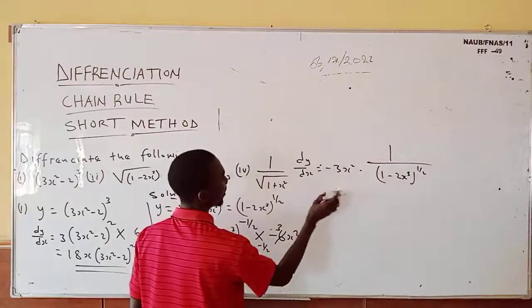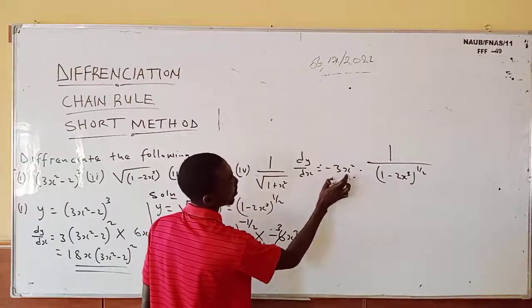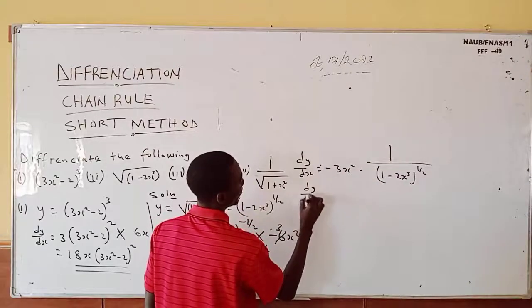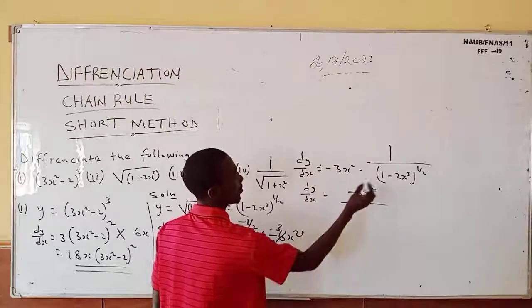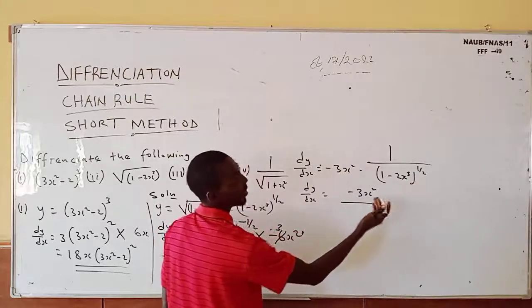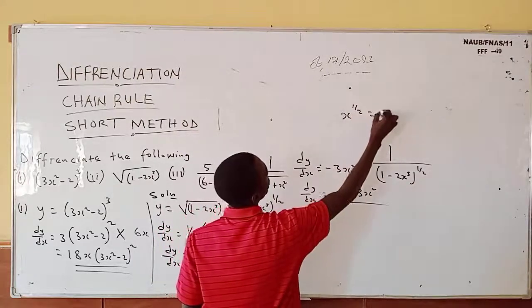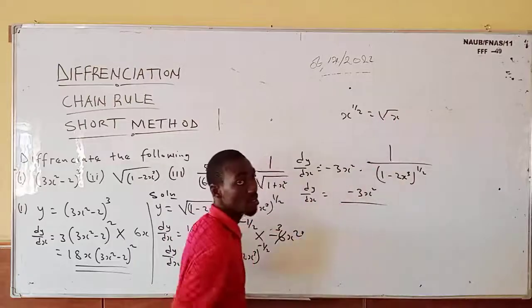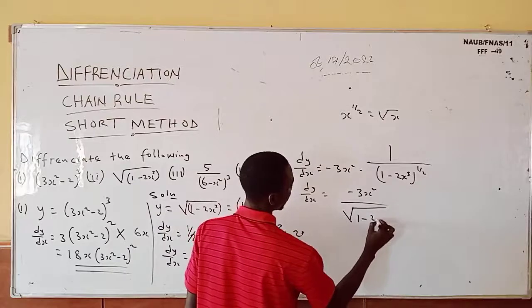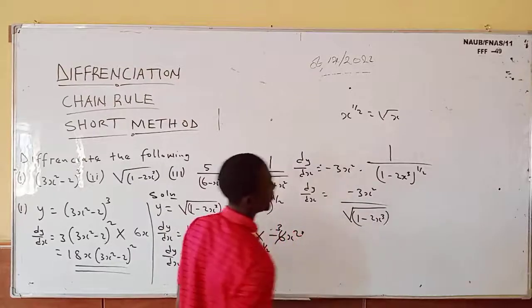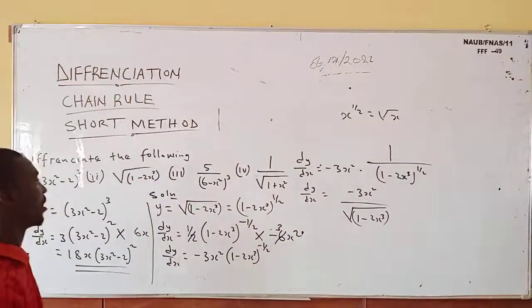So now your answer will be dy/ds equals minus 3s squared all over, then what is here, something to the power of half is the same thing as the square root. So it's going to be the square root of 1 minus 2s cubed, like this. So this one will be your final answer for this.